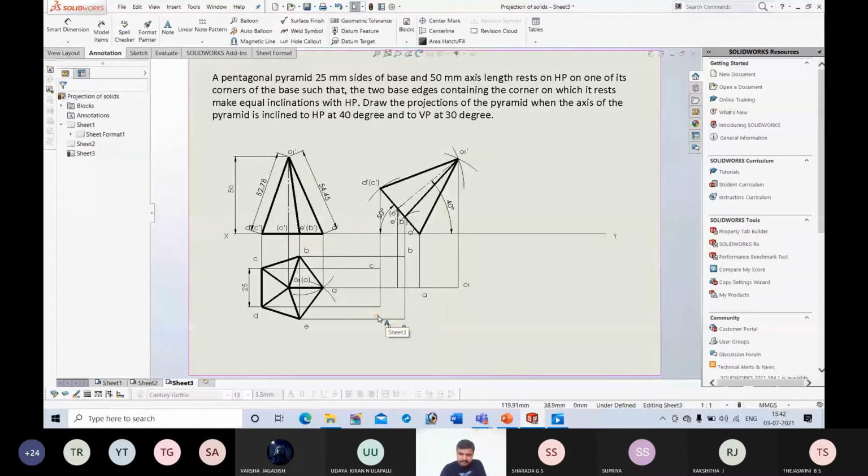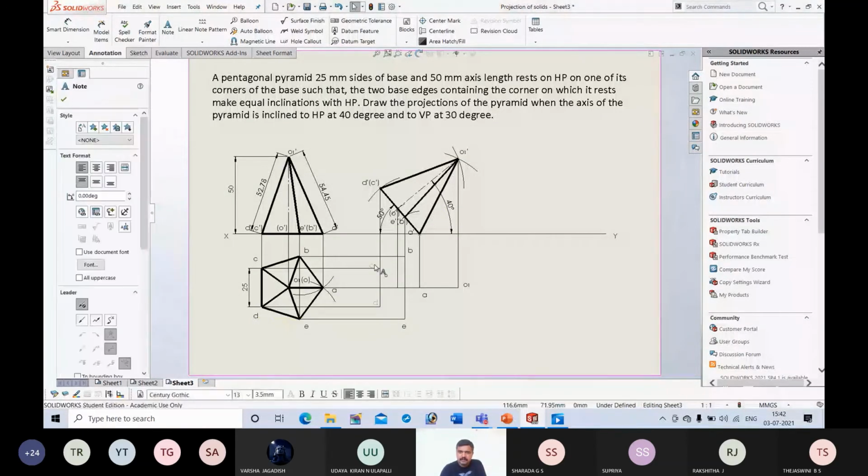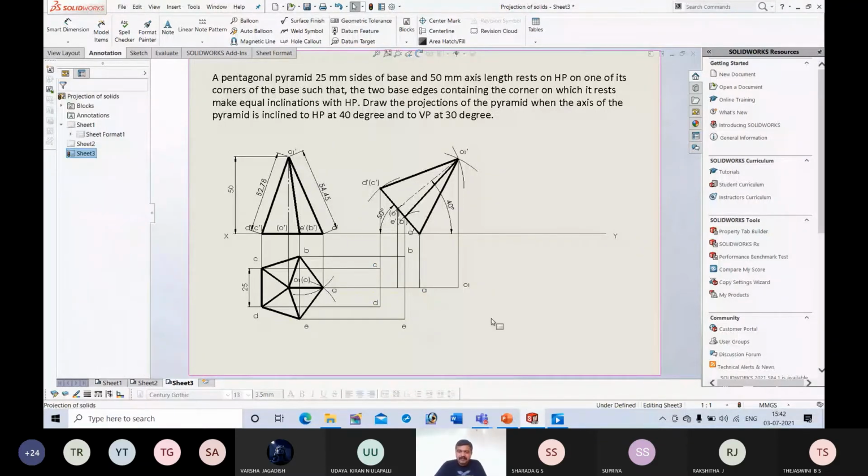That means this is the second top view, and you are looking from this direction. In the beginning you have written line convention. There we discussed that visible edges are represented with continuous lines and invisible edges are represented with discontinuous lines.